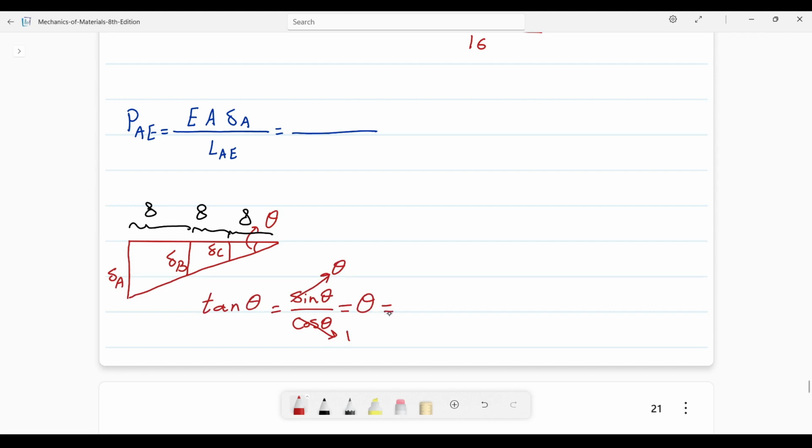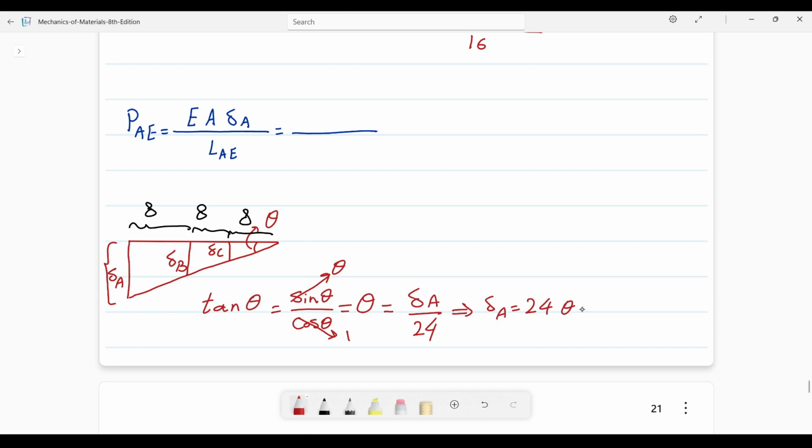Theta equals deflection of A divided by 24. It means deflection A is equal to 24 theta.